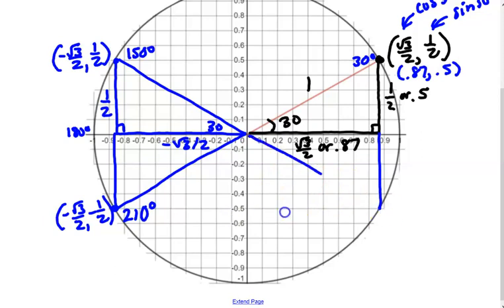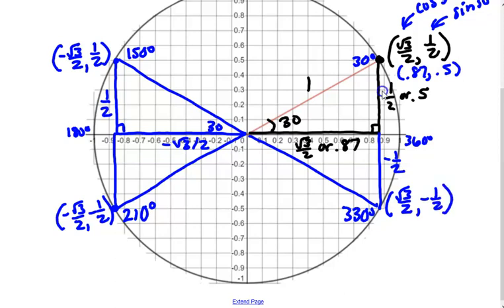If we draw a 30-degree reference angle, since this is 360 when we go all the way around, if I subtract the 30-degree reference angle from that, this would be 330. Now when we write our coordinates here, notice that the x-coordinate is now positive while the y-coordinate remains negative. So this would be positive square root of 3 over 2, negative 1/2.